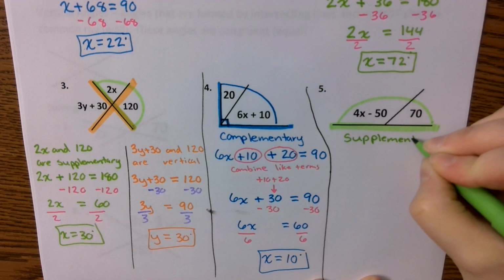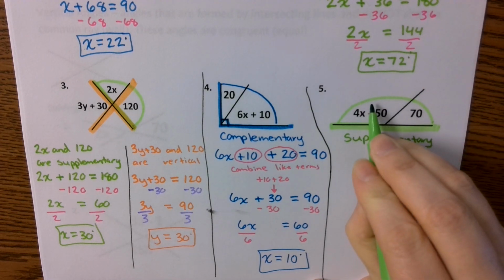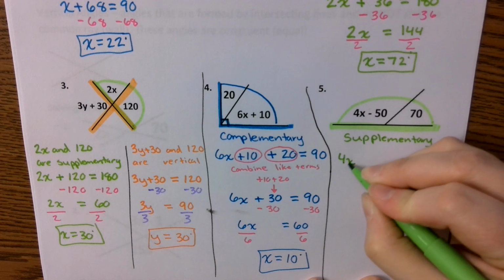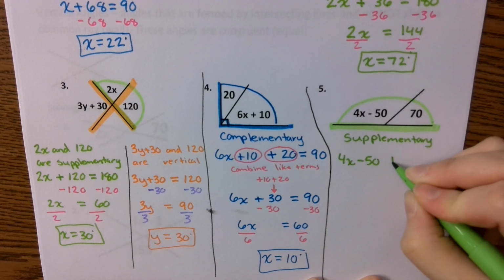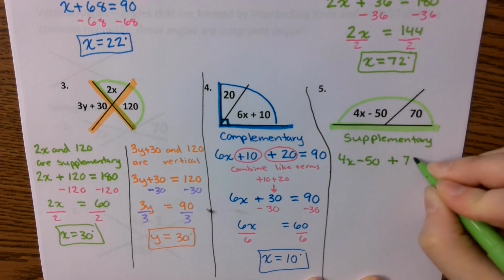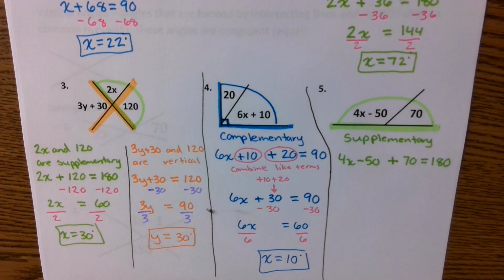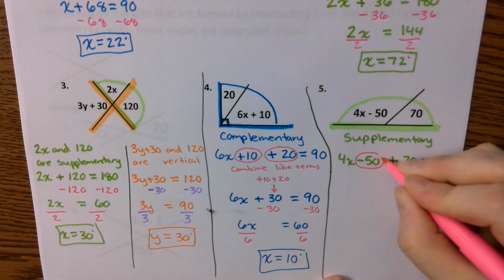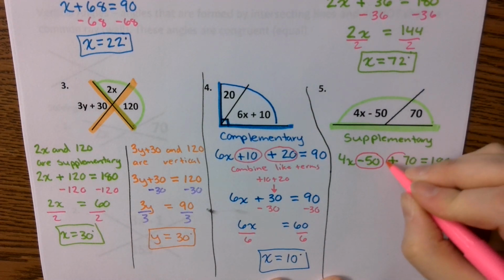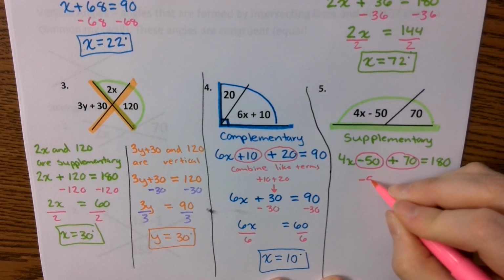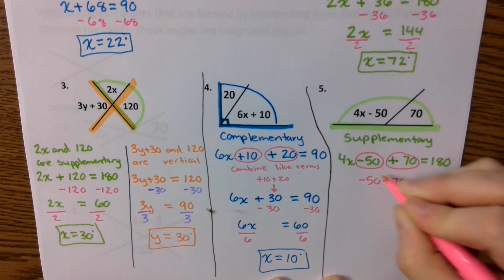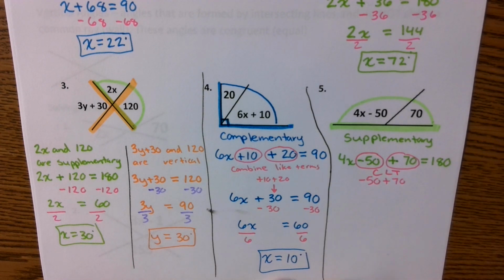Okay, so what that means is I'm going to take 4x minus the 50, and I'm going to add it with the next angle, the 70, and it's going to be set equal to 180. Just like we said before, you combine your like terms. So we have a minus 50 and a plus 70 that get combined together. We're combining like terms, CLT.